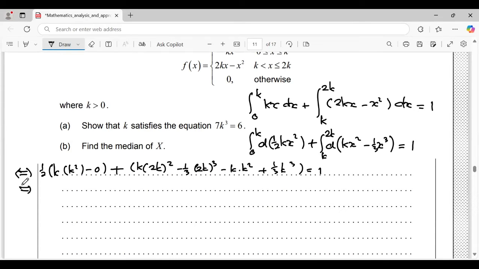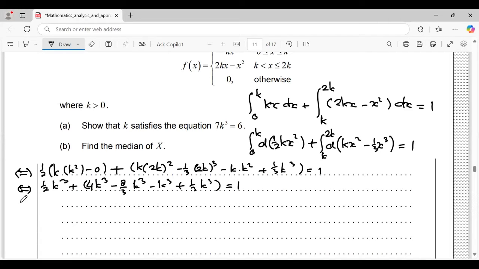So next: half k cubed plus 4k cubed minus 8 over 3 k cubed minus k cubed plus 1 over 3 k cubed equals 1.